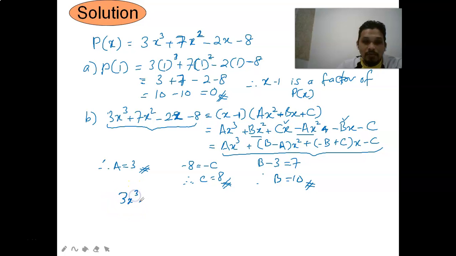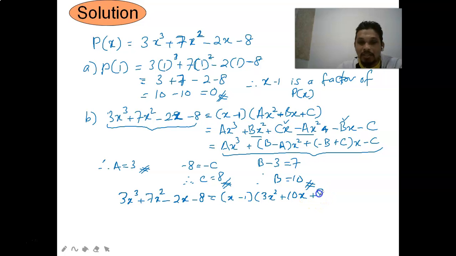So then 3x cubed plus 7x squared minus 2x minus 8 equals (x minus 1) times, okay, look at this one here now. What is the value of a? Yes, a equals 3, so 3x squared, and b equals 10, so plus 10x, and c equals 8, plus 8.